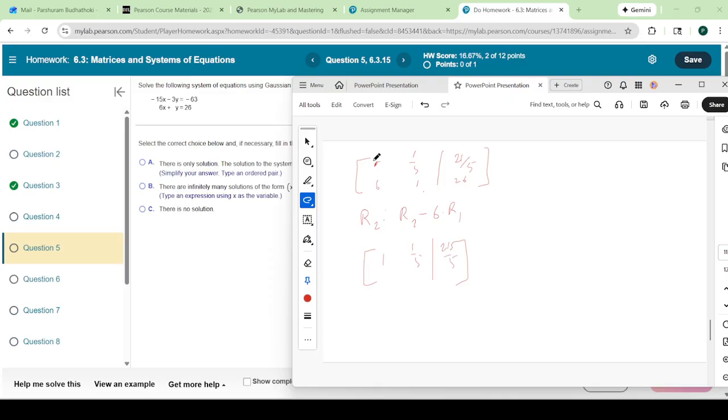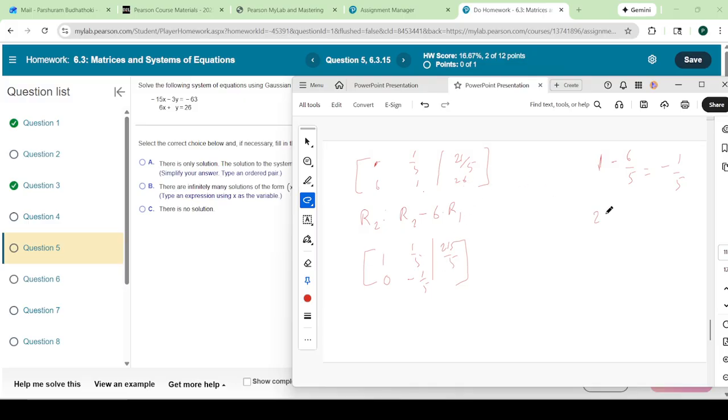If you multiply the first one by 6 and then subtract from the second one, it would be 0. So 1 minus, if you multiply 1/5 by 6, it would be 6/5. Subtract from 1, that would be 5 minus 6, which is negative 1/5.